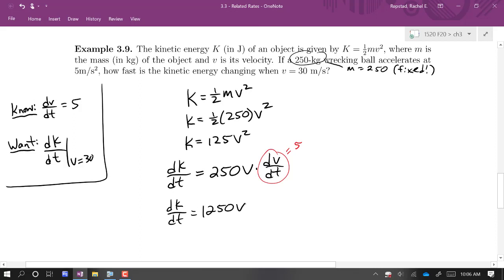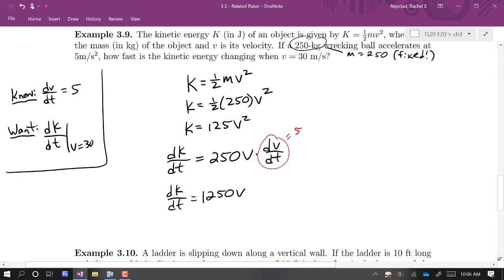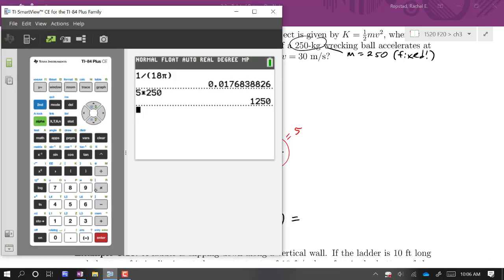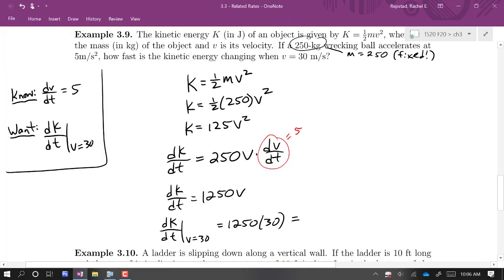And now we can evaluate dK/dt when v is 30. We get 37,500.